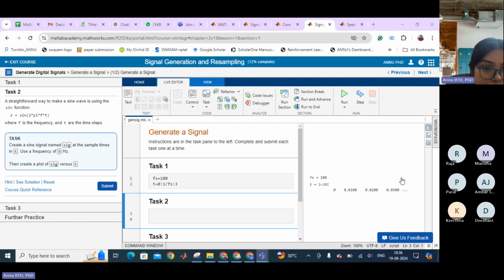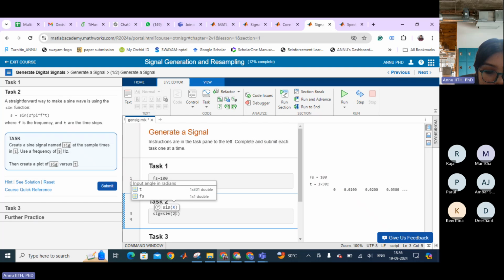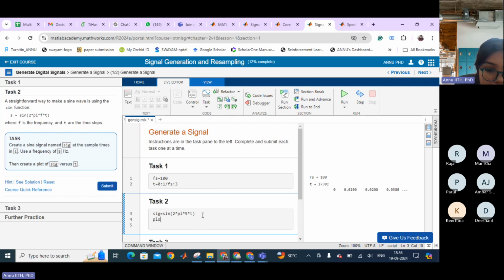Then we have to create a sine function and then plot it. So this signal is created and we have to plot it.